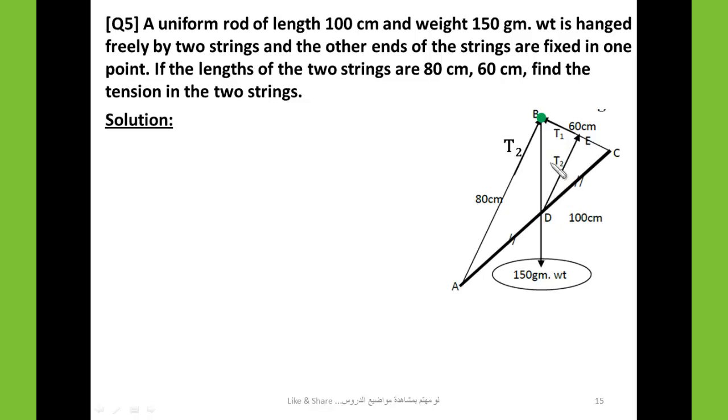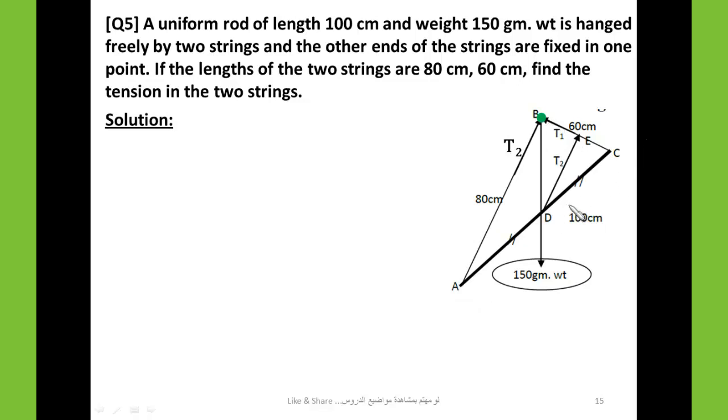First, we can calculate BD easily, because BD is a median in triangle ABC. Note that BC equals 60, BA equals 80, and the length of AC equals 100 centimeters.